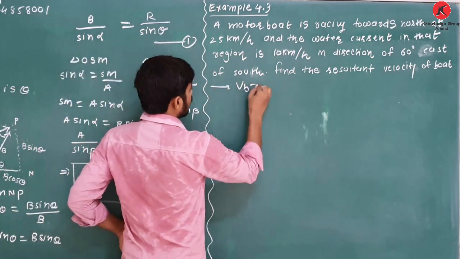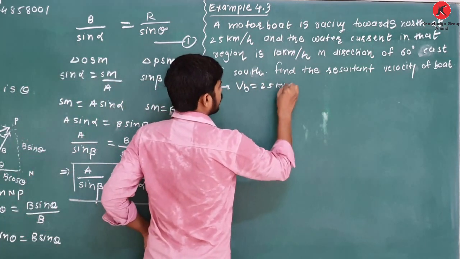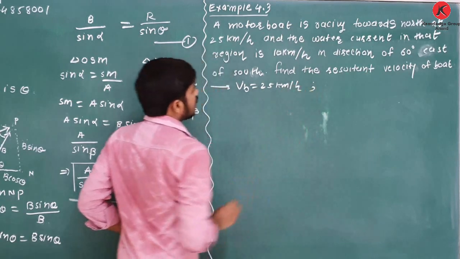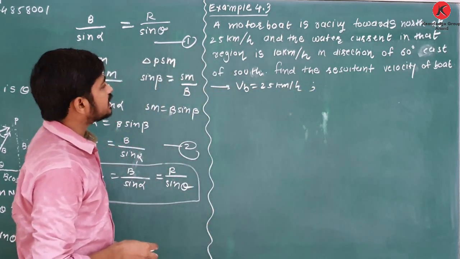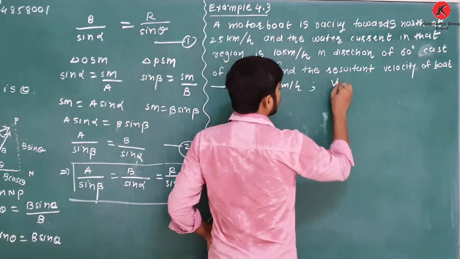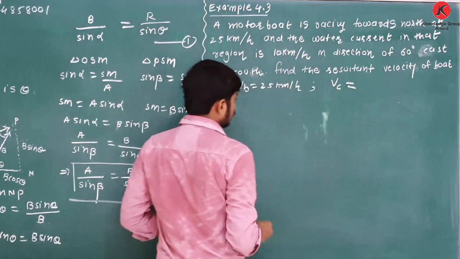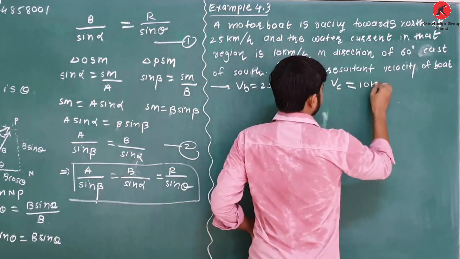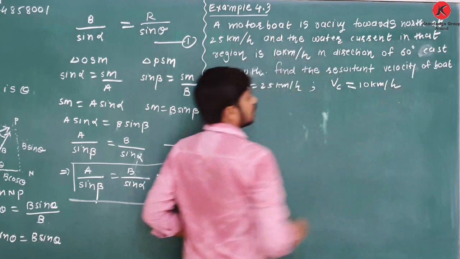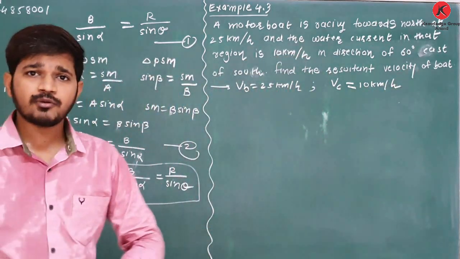Yes, see, first of all, a motorboat is racing towards north at 25 km per hour. Motorboat, so VB is equal to 25 km per hour. And the water current in that region is 10 km per hour. Water current means VC, the current, is equal to 10 km per hour. Now we will draw.